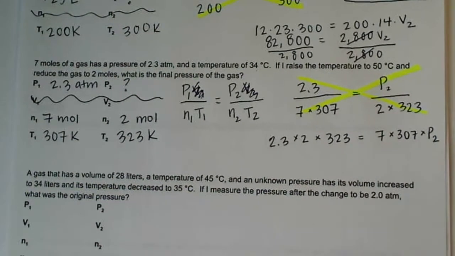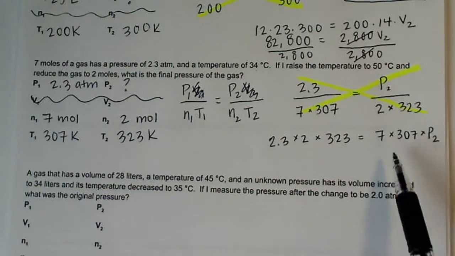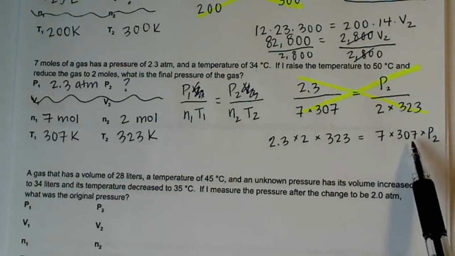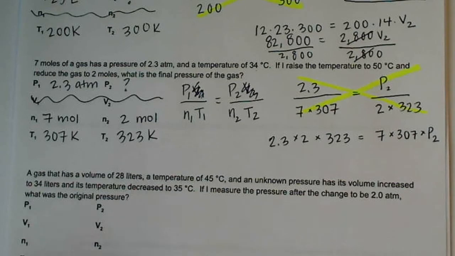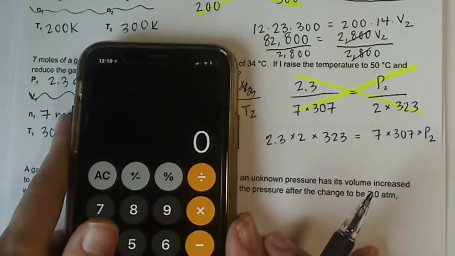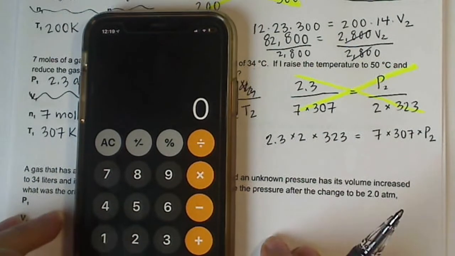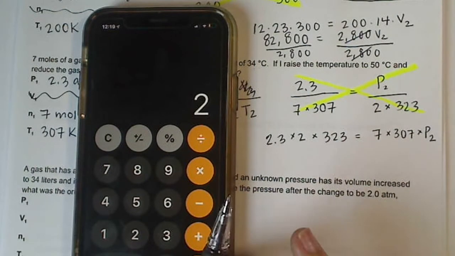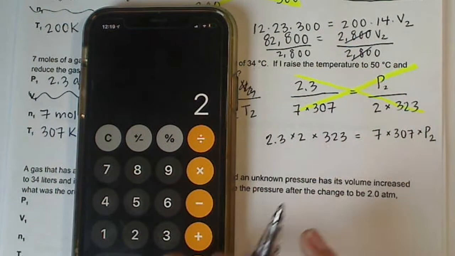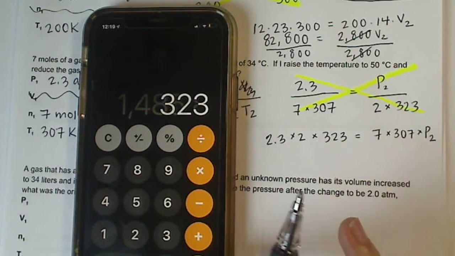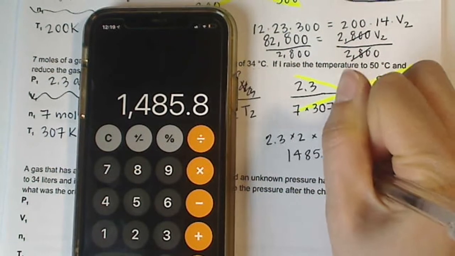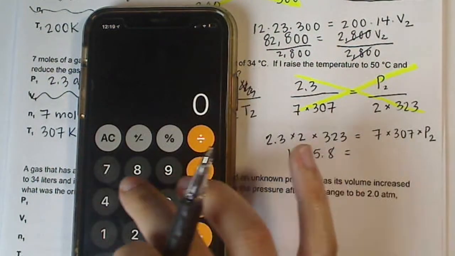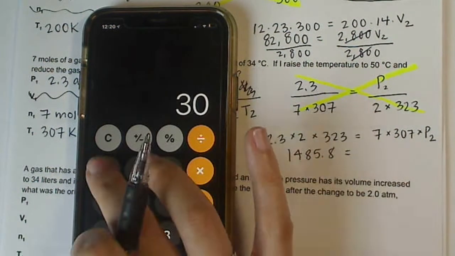And again, to get a variable by itself, you have to take everything that's near it and isolate it by dividing it to the other side. So I'm going to use my phone calculator again. We're going to do 2.3 times 2 times 323. And then 7 times 307.